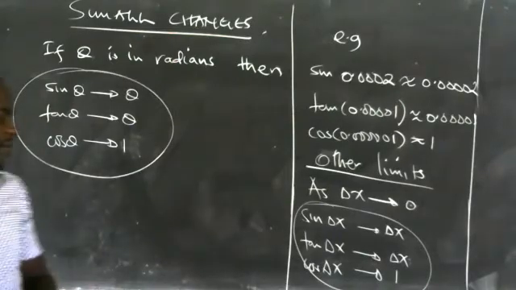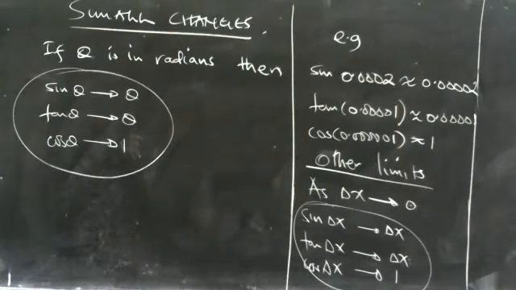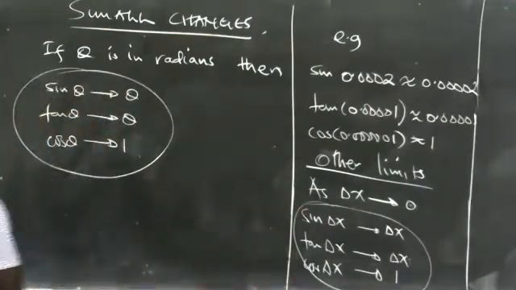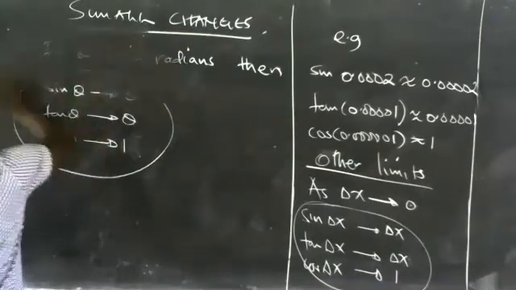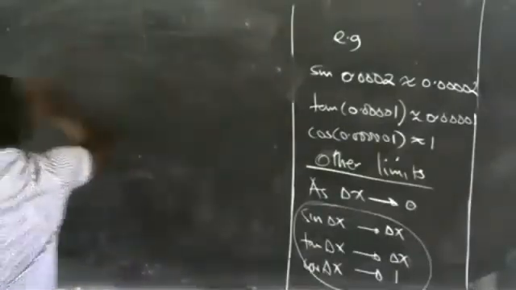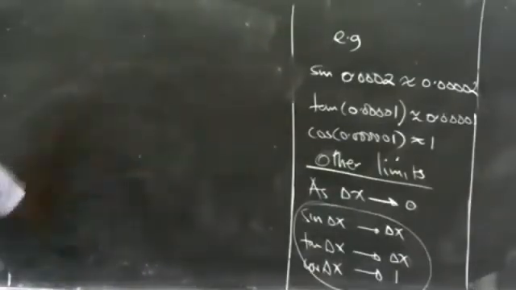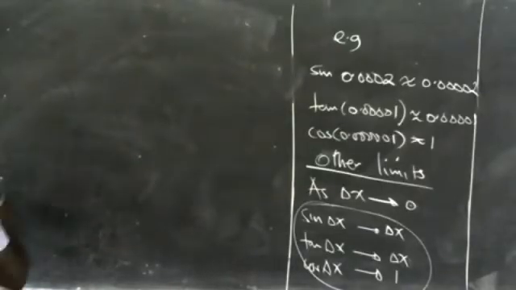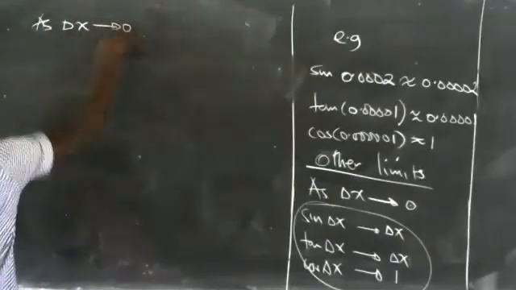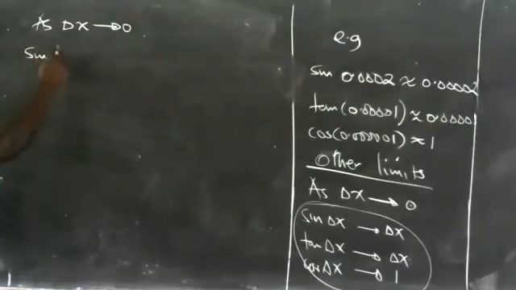Now, this is what we have. But from here again, I want to show you this. Let me remove this part here. From this part here again, say as change in x tends to 0, I have sine of this angle x plus change in x.